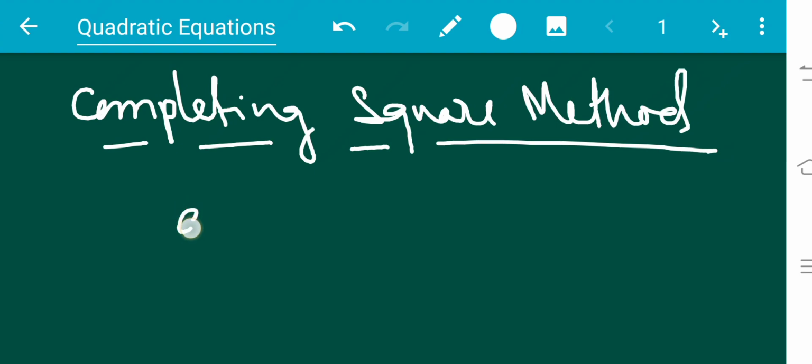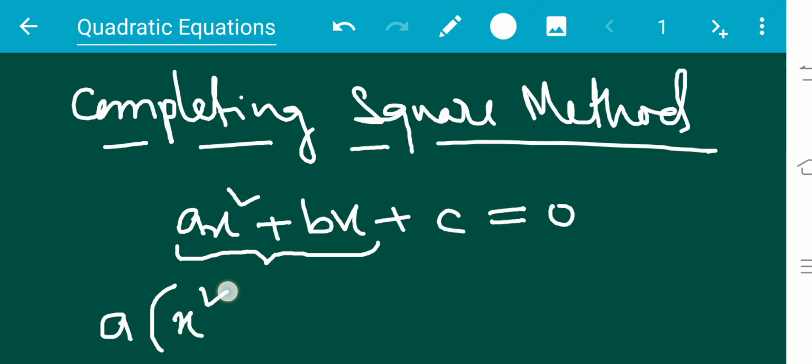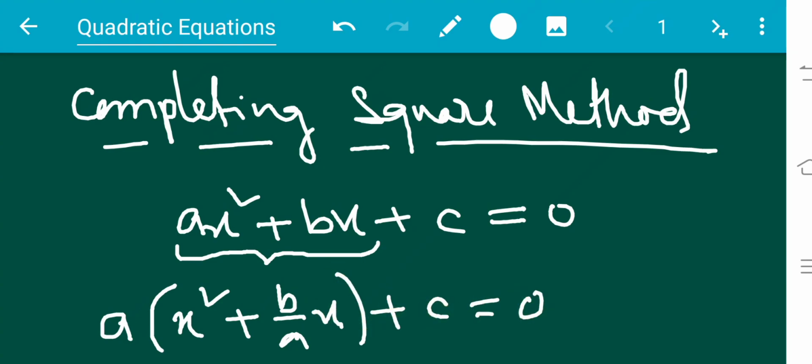So suppose this is your quadratic equation ax square plus bx plus c equal to 0. We take these two terms for consideration. We take a common from them, so this will be x square plus b by a x, plus c equal to 0.